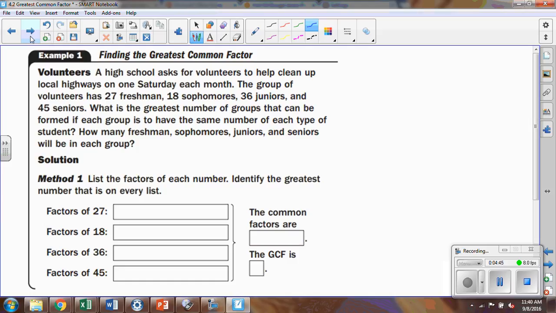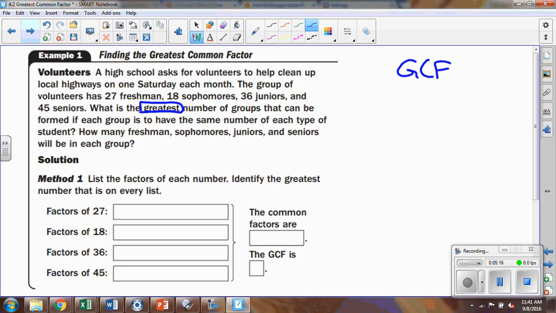What is the greatest, and I want to point that particular piece out, the fact that you're using the term greatest should be an indicator that you're searching for greatest common factor. What is the greatest number of groups that can be formed if every group has to have the same number of students, freshmen, sophomores, juniors, seniors. Basically then, we just want to know what is the greatest common factor of 27, 18, 36, and 45.